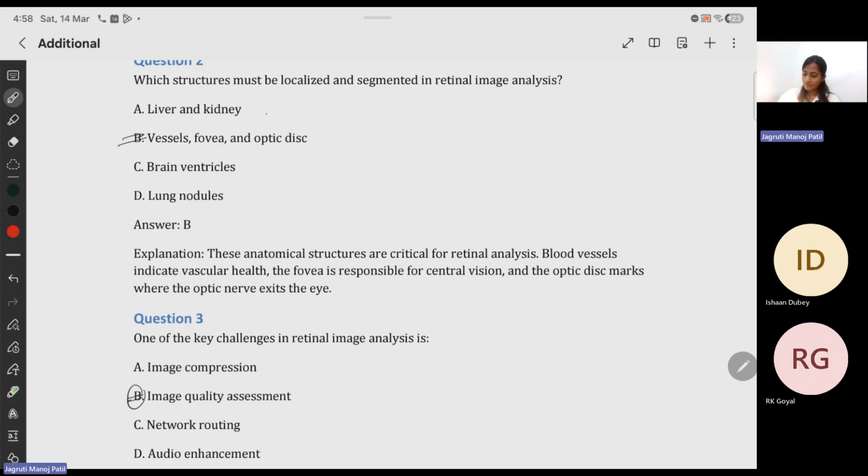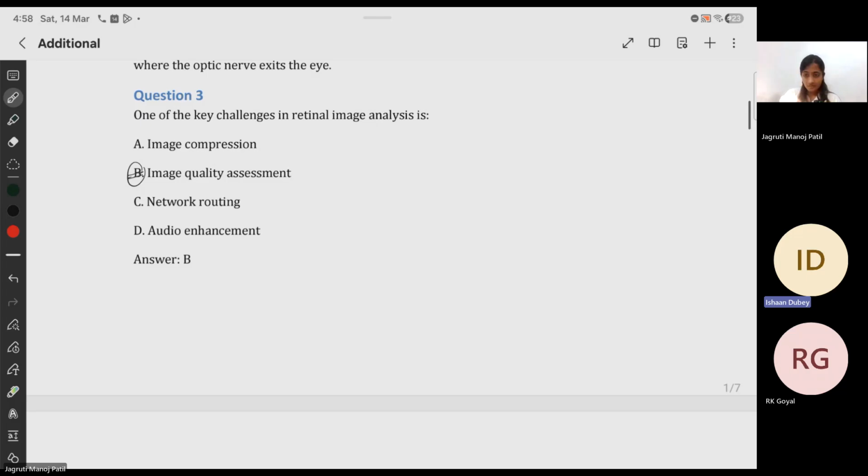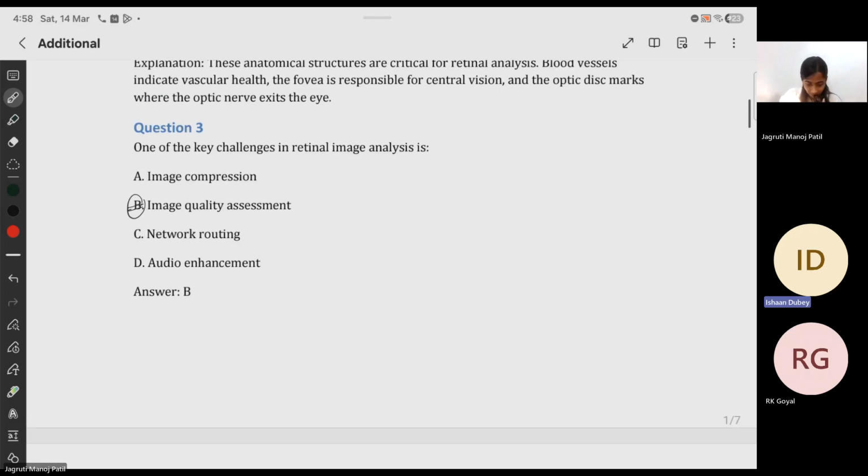So if you don't have enough resolution in the images, you won't be able to differentiate there. Also, what did the Prof say in one of his lectures? He was talking about some muscles, right? Muscle textures or something. Was he talking about blood vessels or the eye imaging retinal scans? Eye imaging retinal scans. Okay.